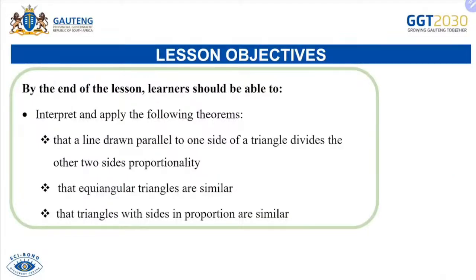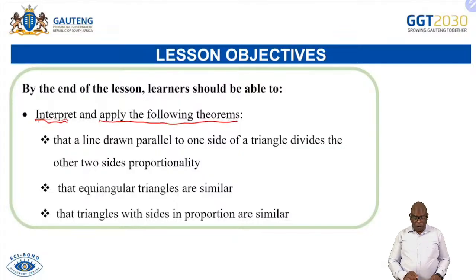what we should know at the end of this lesson. By the end of this lesson, we should be able to interpret. In other words, we are not going to prove anything. So we're just going to interpret and apply the following theorems.